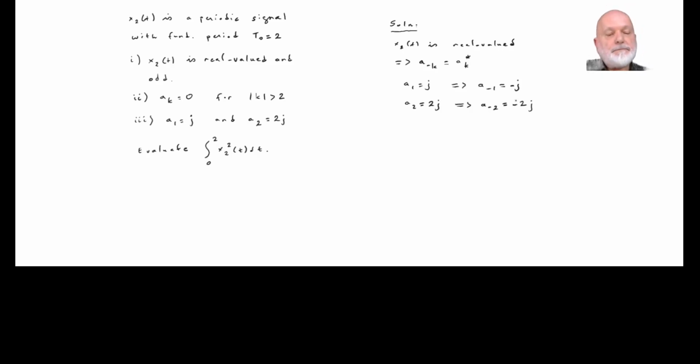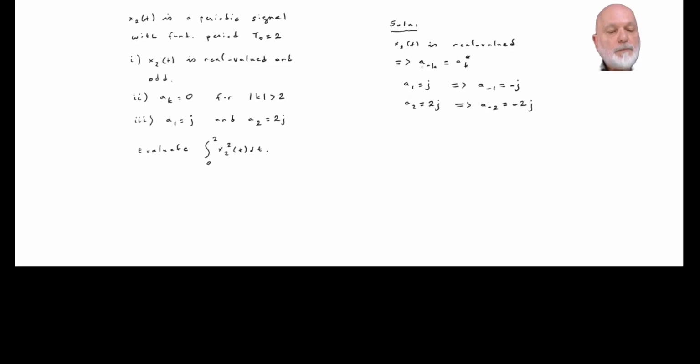Now here, we know that the signal is real valued and odd. Now, as you remember, for real valued and odd signals, the Fourier coefficients are pure imaginary. So we observe this in this example as well.